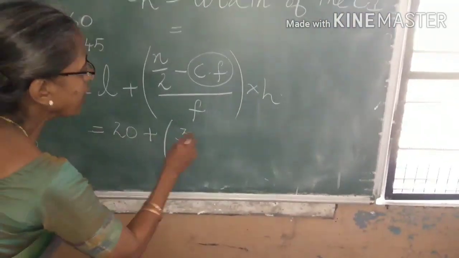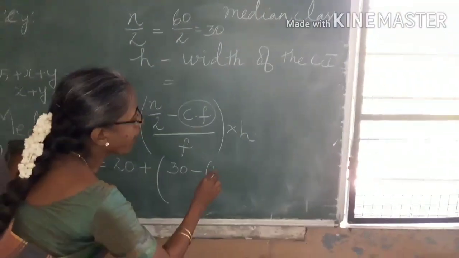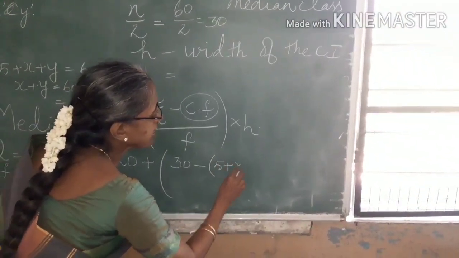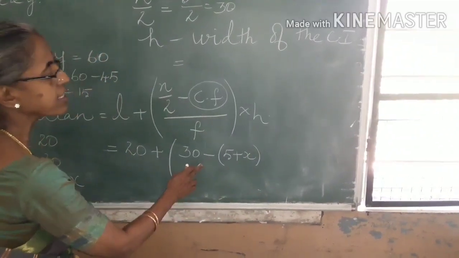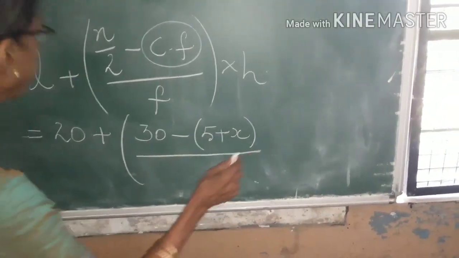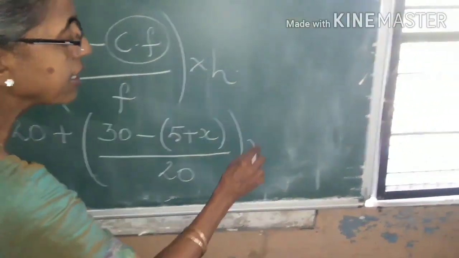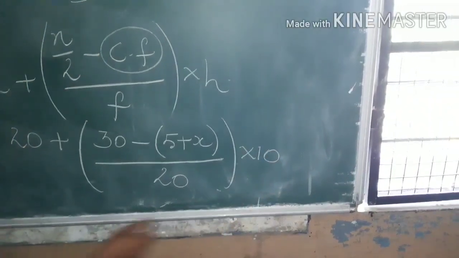So 30 minus CF. Whenever you have a binomial term like 5 plus x in the missing frequency, don't forget to put the bracket. Then divide by 20 and multiply by 10, the width of the class interval.